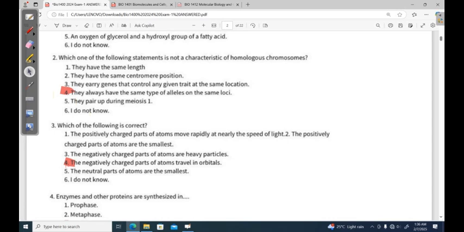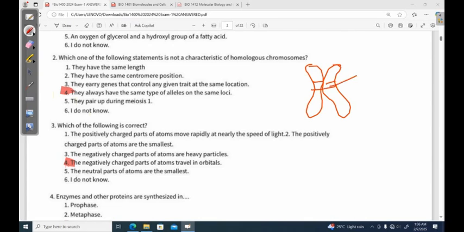For instance, if this is your chromosome, we have what we call loci, where a specific allele is found. For instance, maybe an allele for green eyes. Now this allele is not always found on the same loci of the other chromosome.